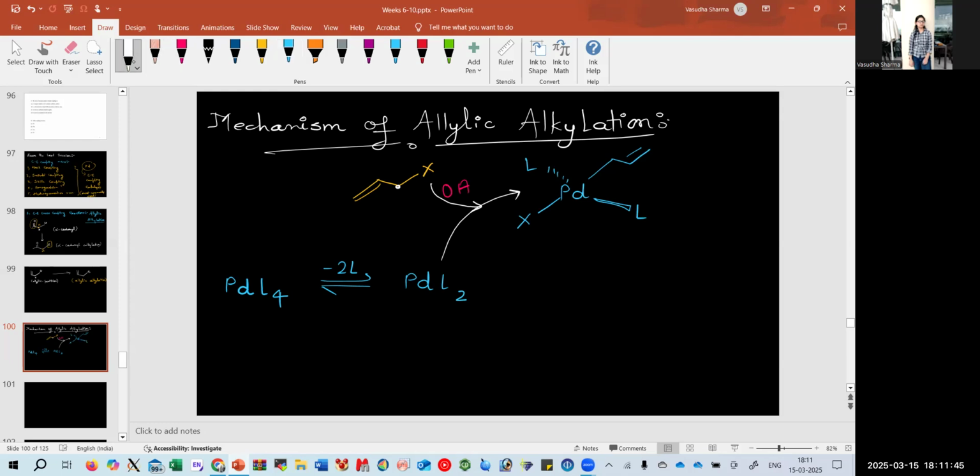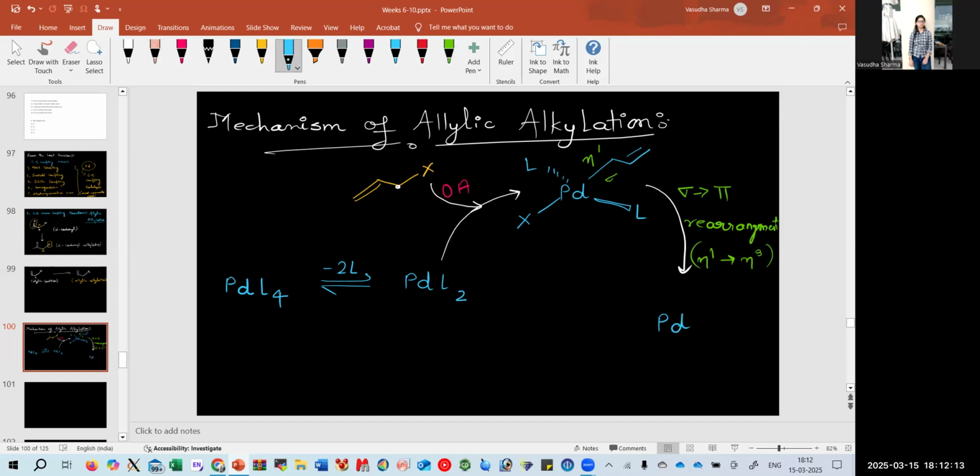Followed by that, here it is eta 1 allylic, and this is sigma, so it will undergo sigma to pi rearrangement. That means it goes from eta 1 to eta 3.